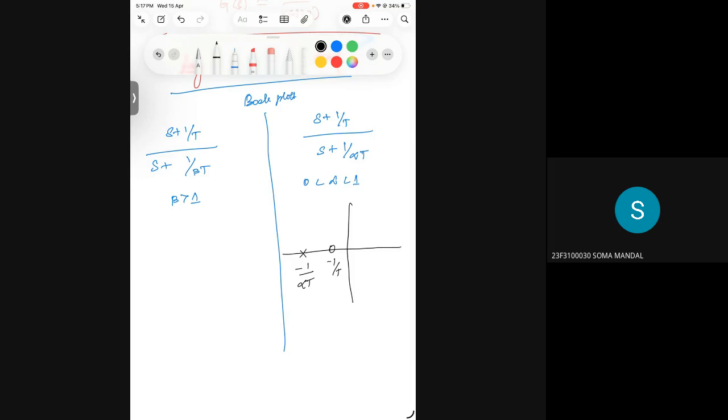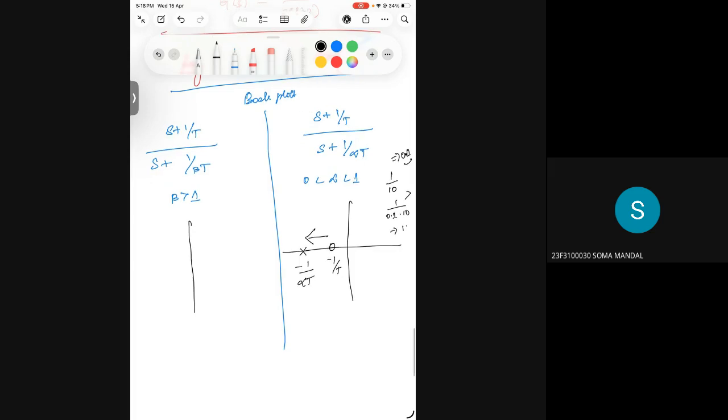So it is more towards the left than your 1 by T. For example, if I choose T equal to 10 and alpha as 0.1, then this will be 0.1, whereas this will be 1, right? So this is always greater than this. Since it is in the negative direction, this will always lie to the left of the zero in the S plane.